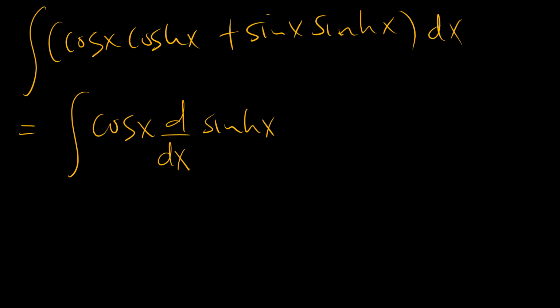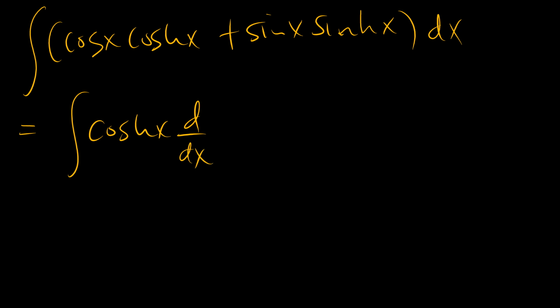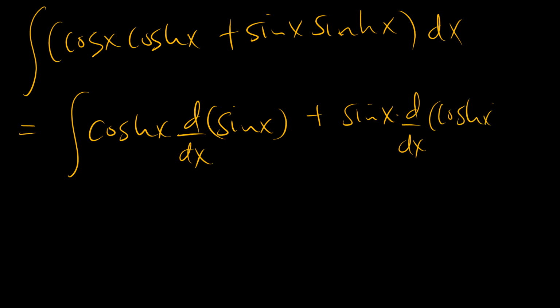Let me use the other approach so this becomes easy for us. This is the same as cos x times the derivative of sine x, plus sine x times the derivative of cos x.